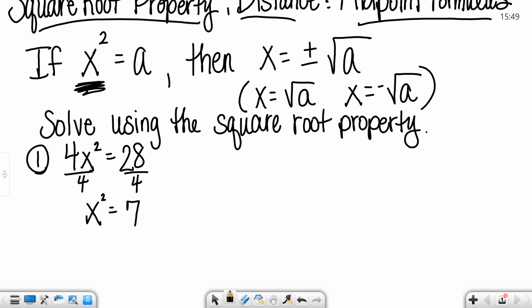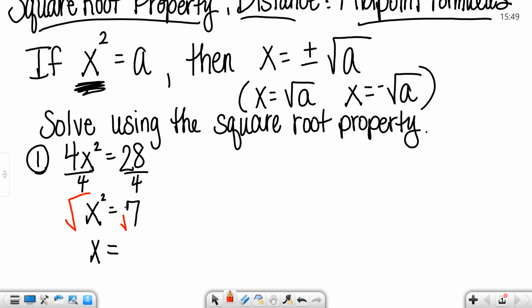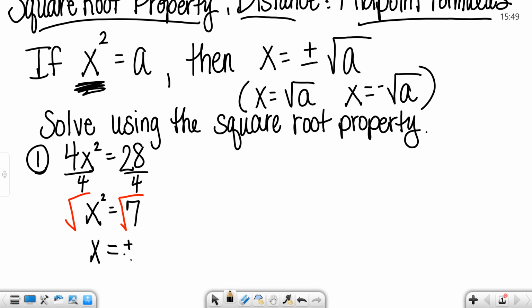So now I can use that property up above that says, if I take the square root of x squared, I get x. But if I take the square root of 7, my answer is plus or minus the square root of 7. So I get two completely different answers. Plus the square root of 7 and negative the square root of 7.